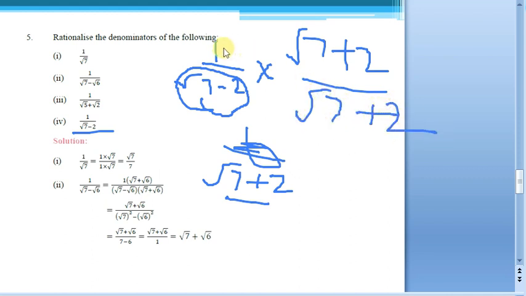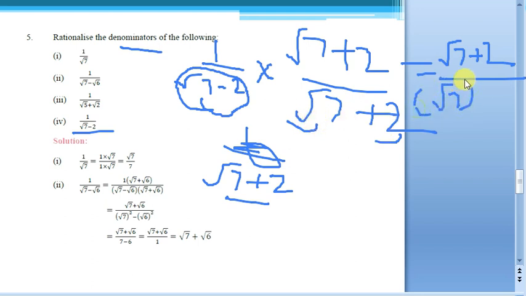Now see, this is 1 into root 7 plus 2, it will be root 7 plus 2 only in the numerator, and in the denominator what we have is a plus b into a minus b, so a square minus b square. I'm repeating it again and again. Wherever you see this rationalizing denominator concept, you will be using a plus b into a minus b is equal to a square minus b square. What is in place of a? Root 7 is there. What is in place of b? 2 is there. So root 7 square minus 2 square.